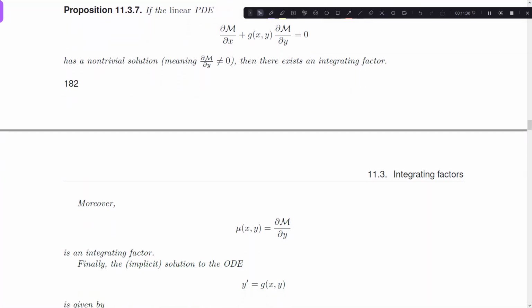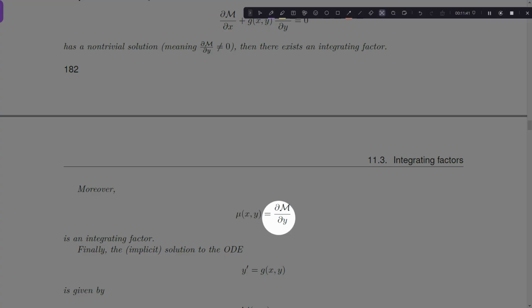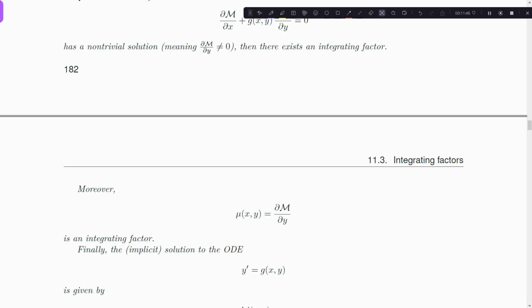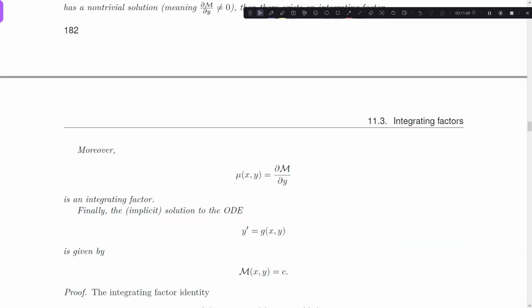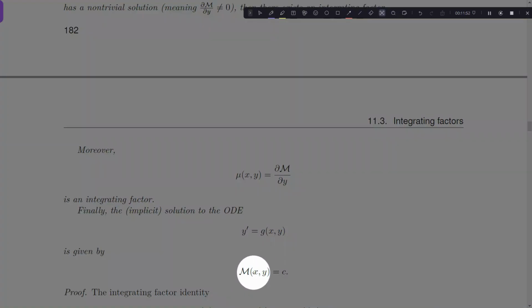And so you don't want something like that. But if that has a solution, you can actually compute an integrating factor by taking a partial derivative in y of capital M. And more importantly, you actually get an implicit solution right away. It turns out that this capital M was the original primitive function which solves my ODE y prime equals g of xy.